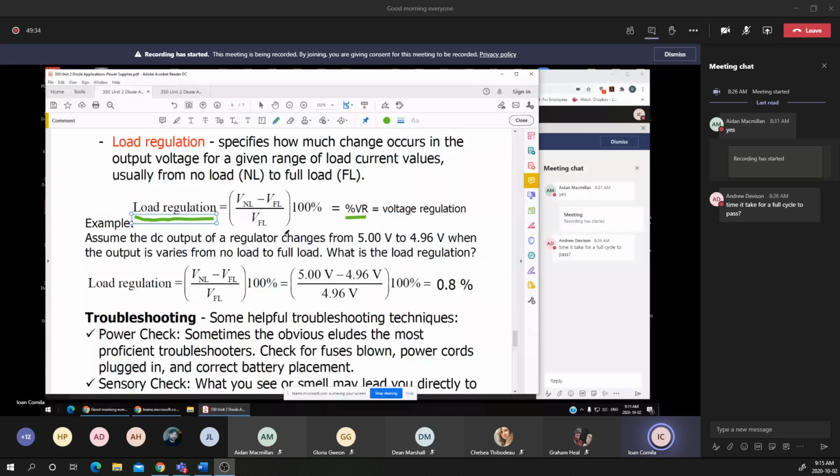Between the two, I may use probably the load regulation, which is actually the voltage regulation, more intensely, and it's probably one of the most used parameters to estimate the behavior of the output voltage as the load is changed.